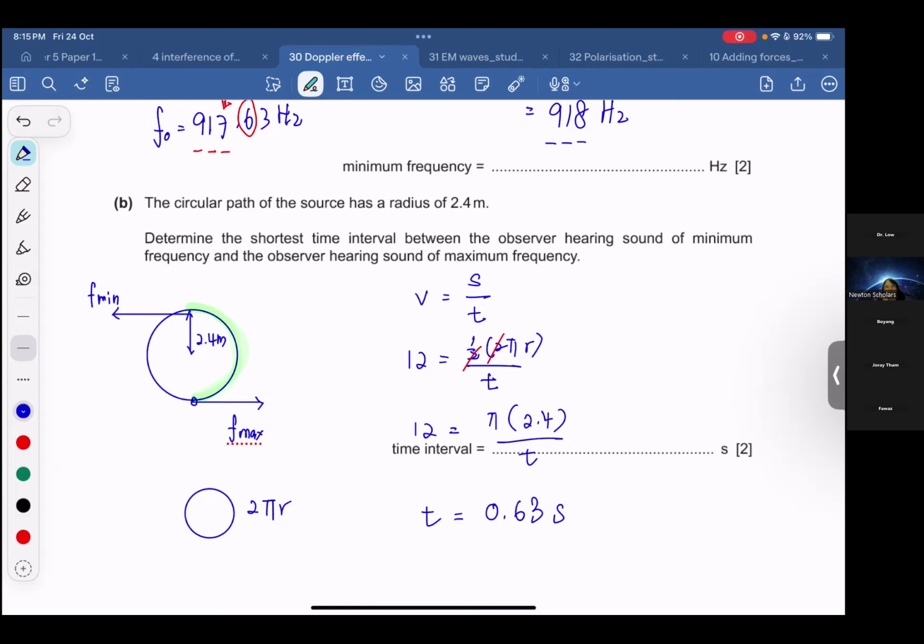I know that from this point to that point, it travels with a speed of 12 meter per second. Then I want to know the distance the source travels in a semicircle. Correct. So boys and girls, is that clear for this question?